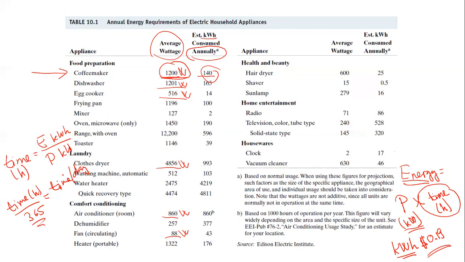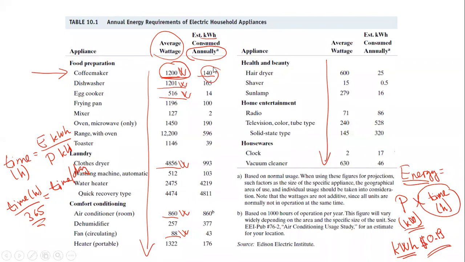Of course you can list all the equipment in your house, and you can see the power is written there on each equipment. And you can estimate how long you will use this equipment every day, and you multiply the daily time by 365, and then by the power.